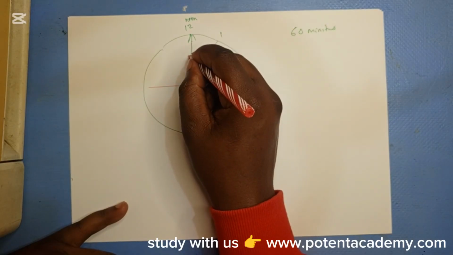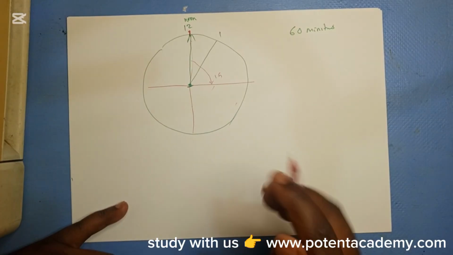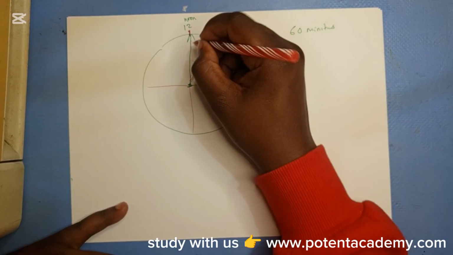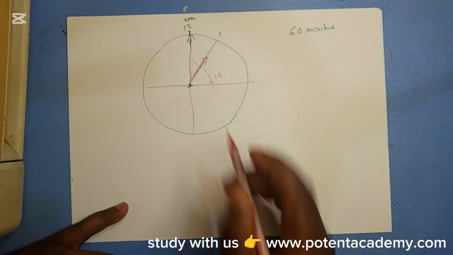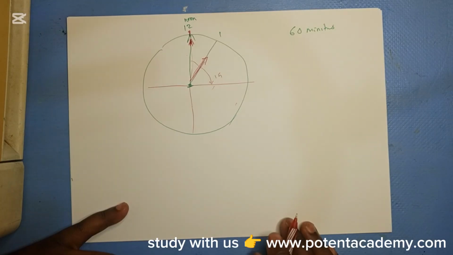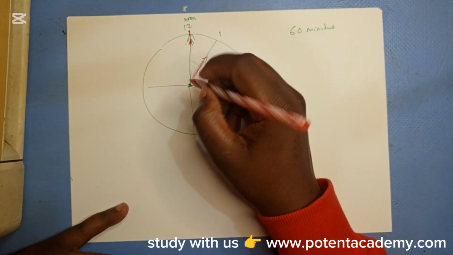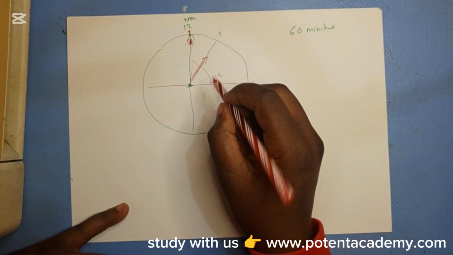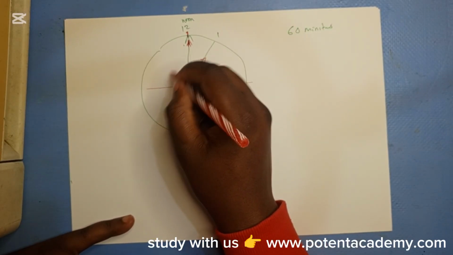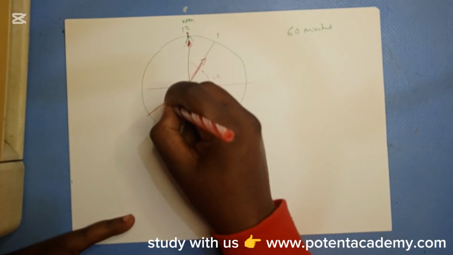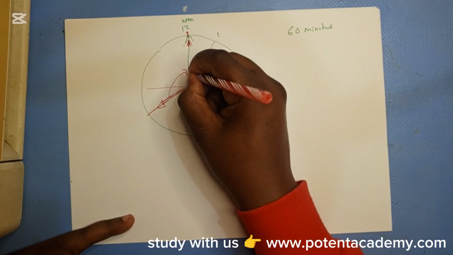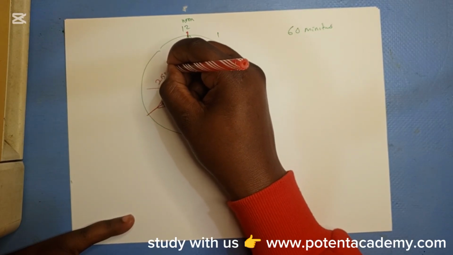When the hour hand comes here at 1 o'clock, the minute hand will be showing exactly 12. So this is 30, this is 45, 15 minutes to 1. Let's suppose it is here. So now it is showing 25 minutes to 1.